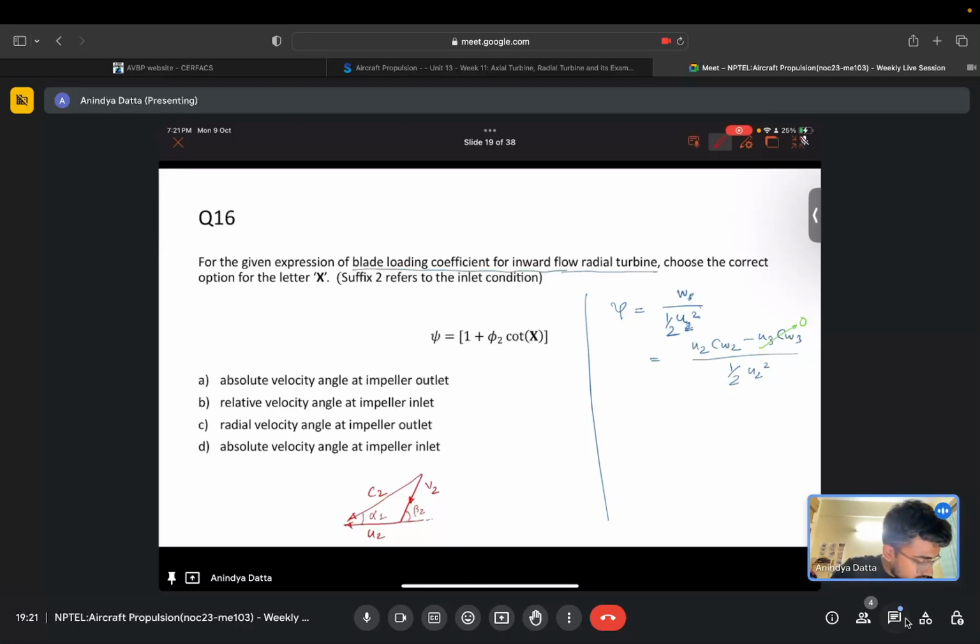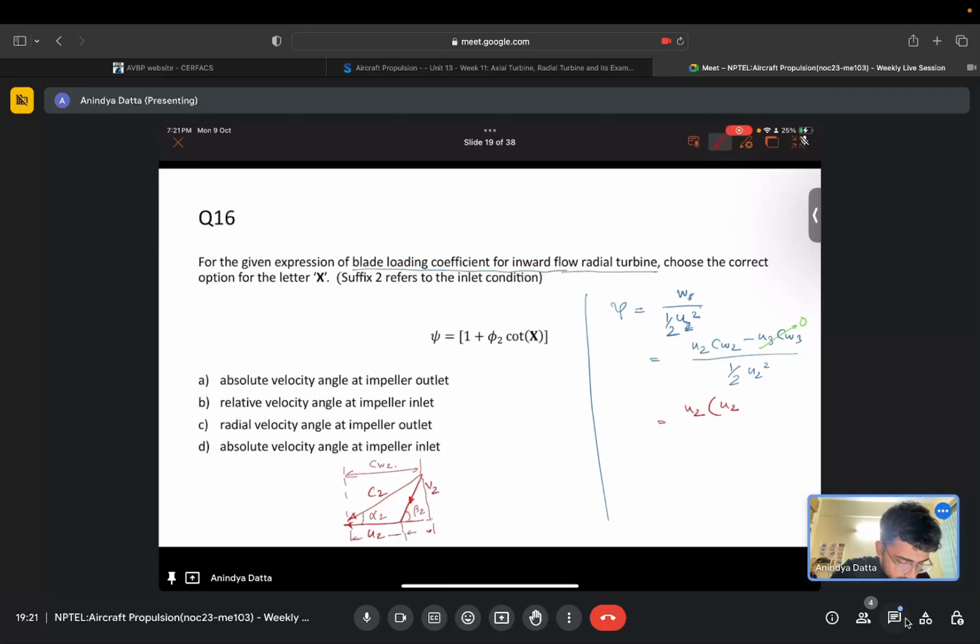And this will be our cw2. So if we see, cw2 is equal to u2 plus this part, so cw2 has two parts.